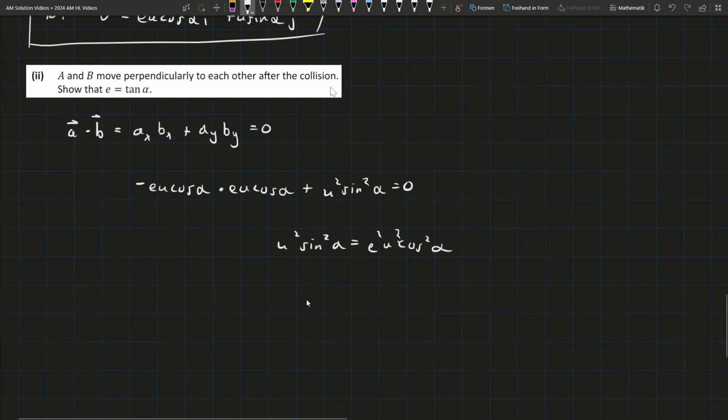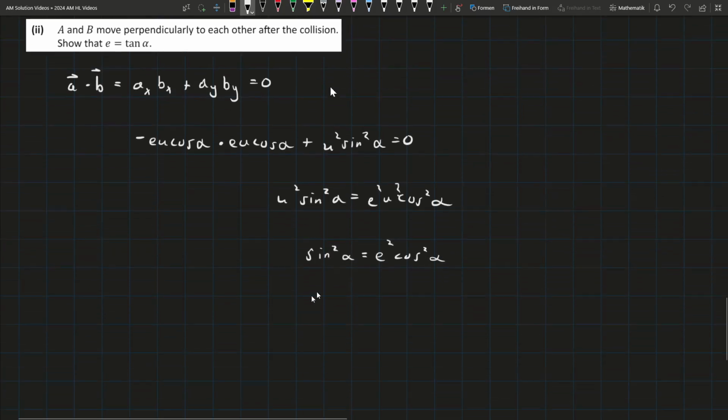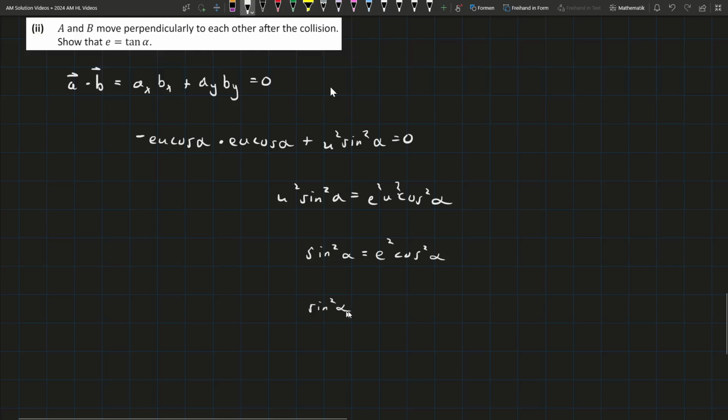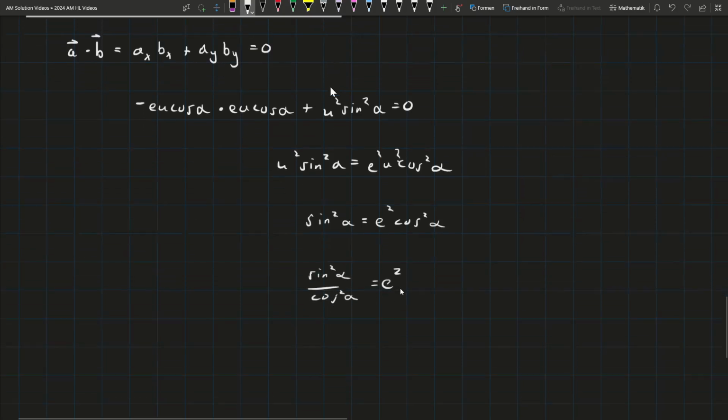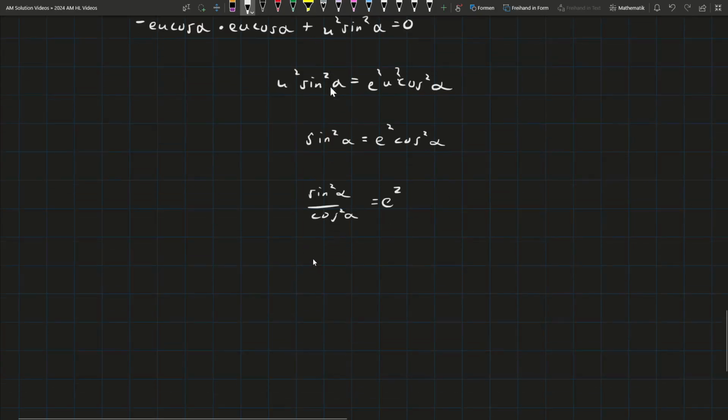We can cancel the U squareds, and we get that sine squared alpha equals e squared cos squared alpha, divided by cos squared, so sine squared alpha over cos squared alpha equals e squared. Square root everything. We'll get that e equals sine alpha over cos alpha, and sine over cos is always equal to tan alpha, as required.